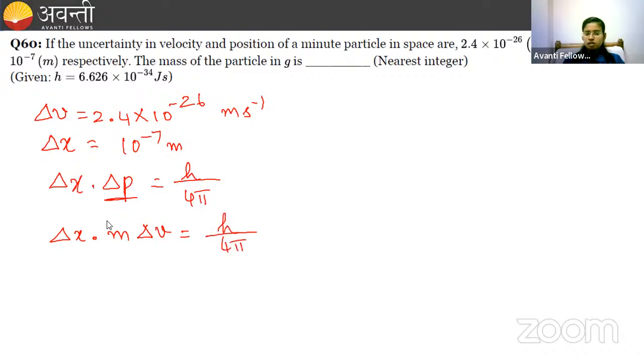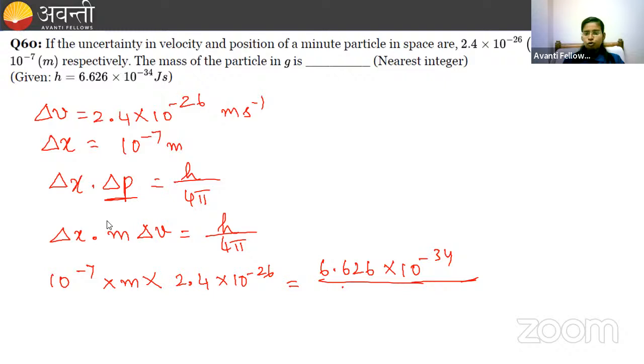Okay, h by 4 pi. So here del x is nothing but 10 to the power minus 7 into m into the change in velocity is 2.4 into 10 to the power minus 26, which is equal to the Planck's constant h, 6.626 into 10 to the power minus 34 divided by 4 into 3.14. 3.14 is the value of pi.